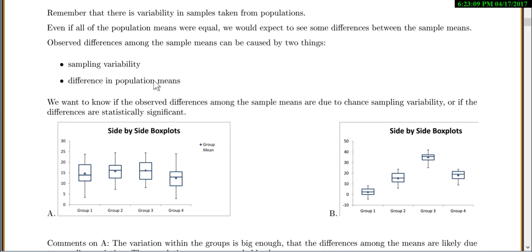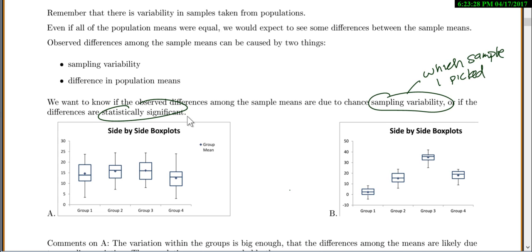So what we want to know is whether the observed differences among the sample means are due to just the chance sampling variability of which sample I picked, or if the differences are statistically significant, meaning that the population means are different.